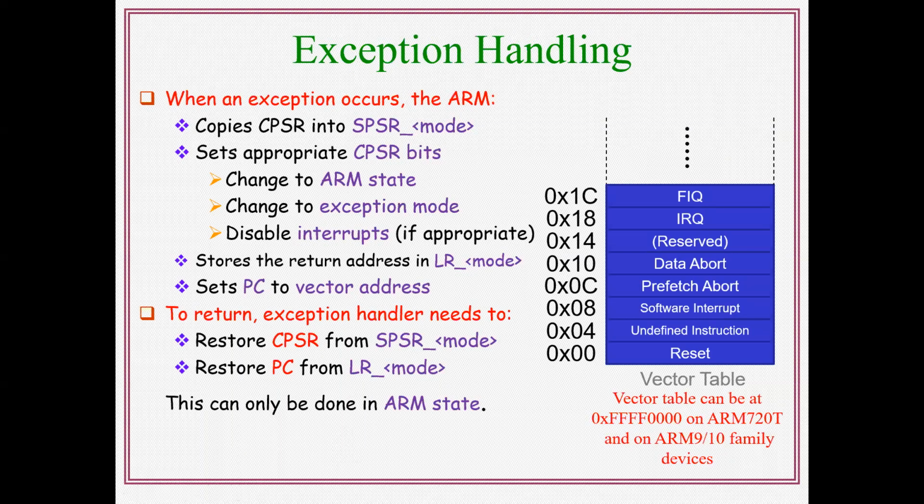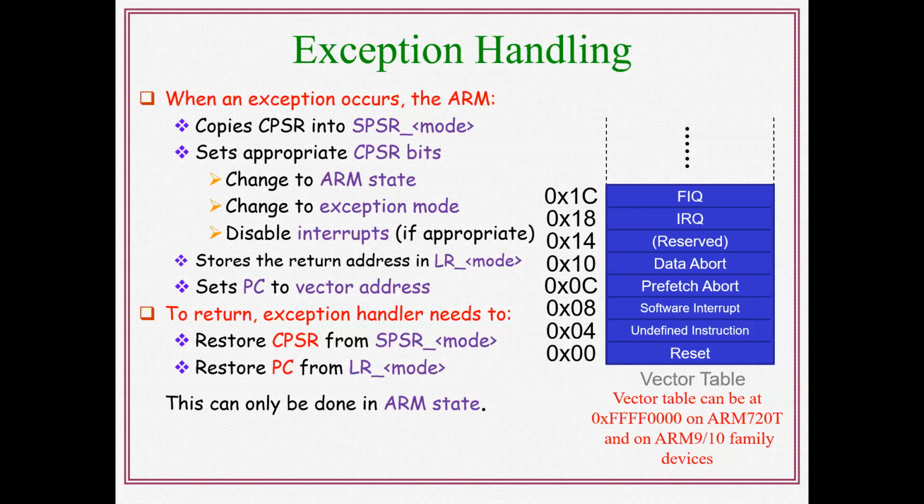Exception handling. When an exception occurs, the ARM copies CPSR into SPSR of that particular mode, sets appropriate CPSR bits, changes to ARM state, changes to exception mode, disables interrupts if appropriate, stores the return address into the link register of that particular mode, and sets the program counter to the vector address.